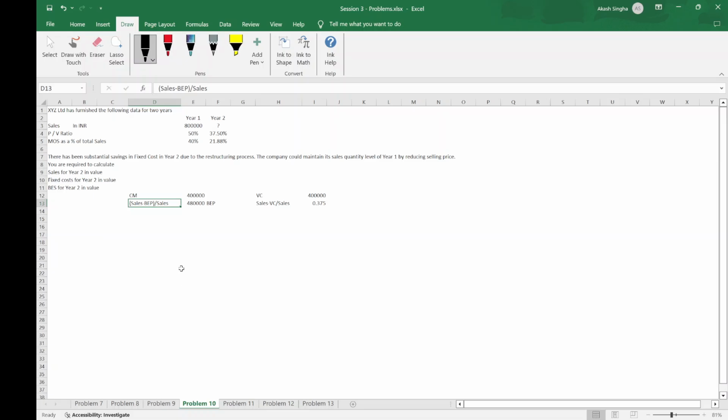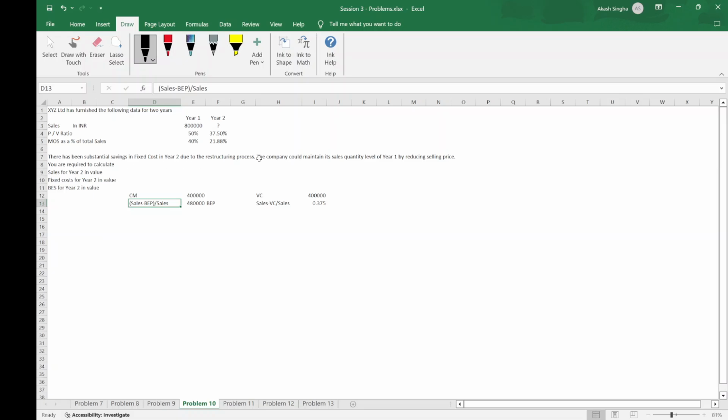Okay, problem 10. XYZ, 8 lakh, 50%, 40%, margin of safety as a percent of total sales. Margin of safety means how much more we have sold above the break-even point, by sales, right?